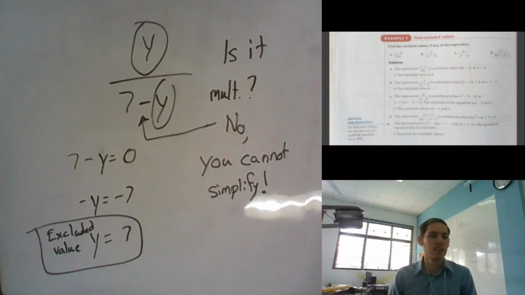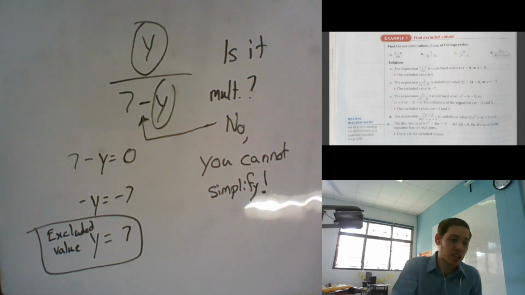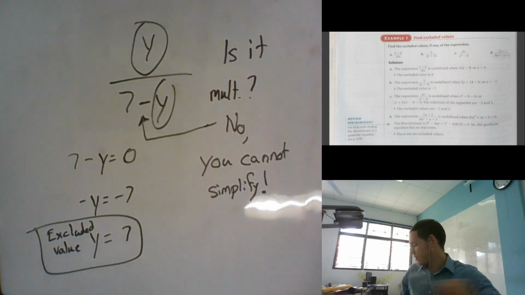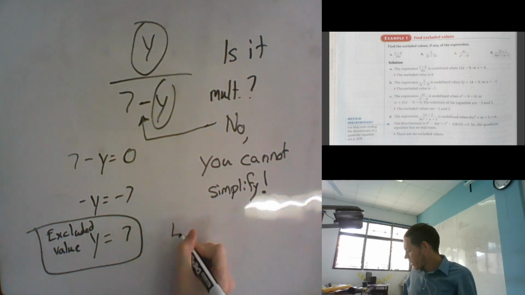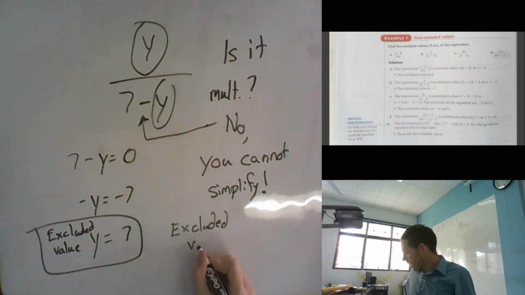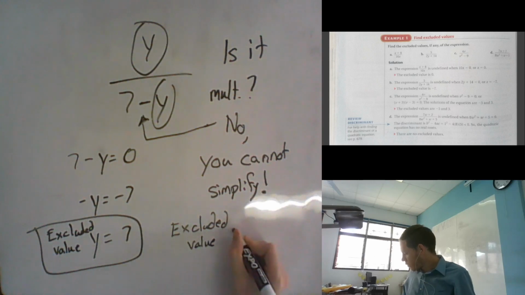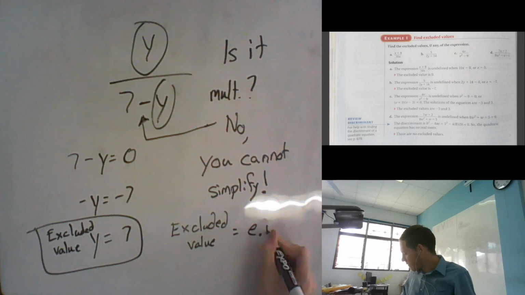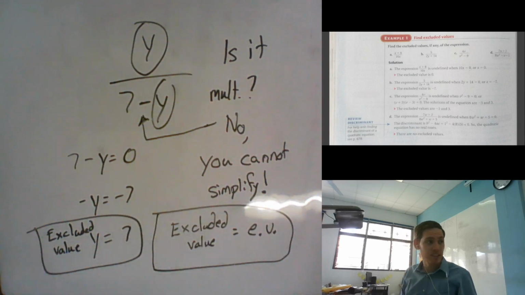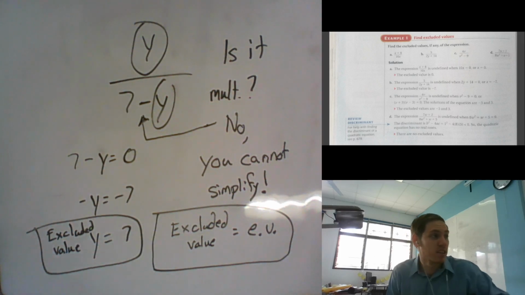Okay, so listen up. This is the last part of the lecture. Yes, you can do E.V. Exclude a value. You'll get annoyed if you don't. Excluded value will equal E.V. That's for your sake and mine, because I got annoyed about writing excluded value every time.